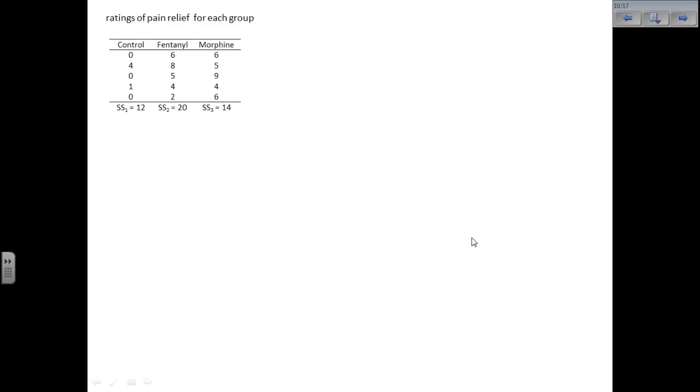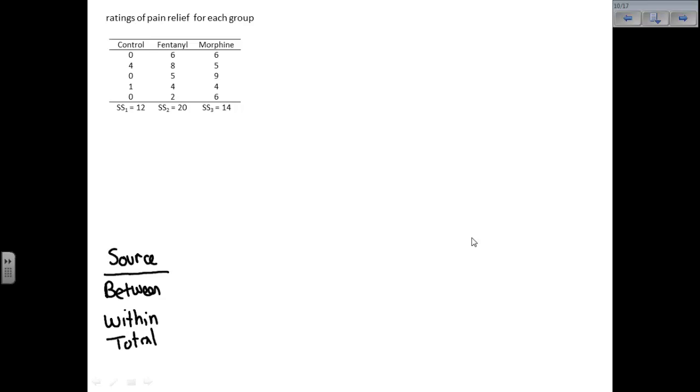Okay, so there's several pieces of information that you need to gear up to calculating the sum of squares, but they're relatively easy to find. So I'm going to go ahead and write down my formulas, our source table. We've got between, we've got within, and total.